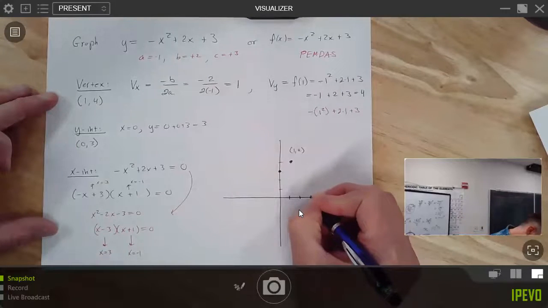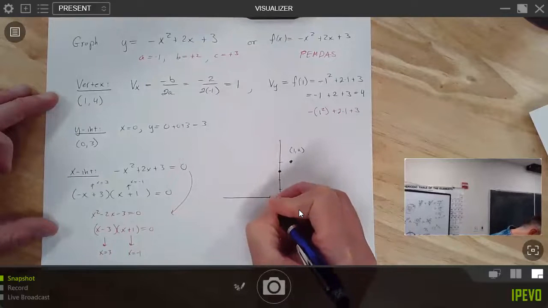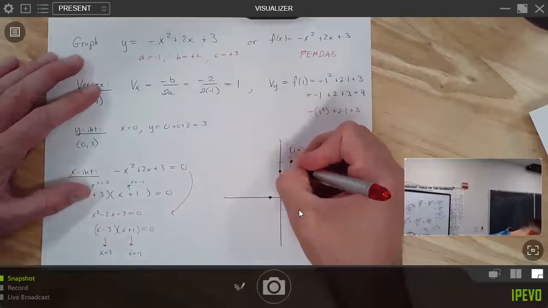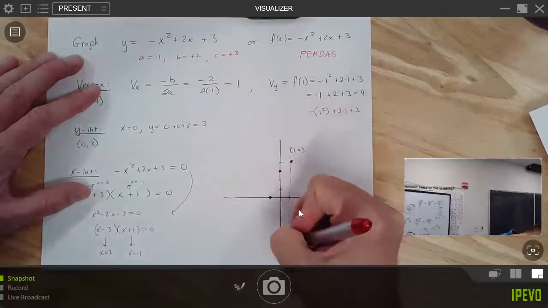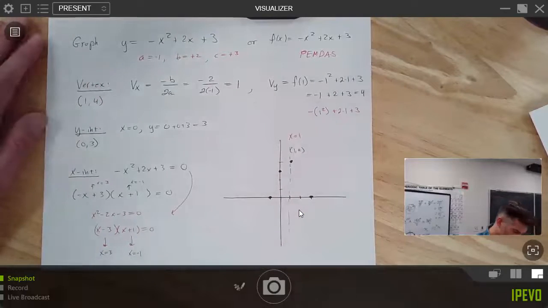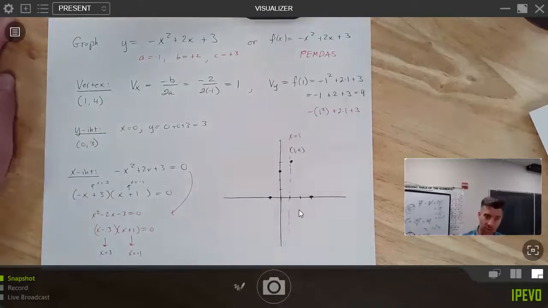And as expected, the x-intercepts are equally spaced out on either side of the axis of symmetry. There's my axis of symmetry at x equal to 1, and my x-intercepts are 2 to the right and 2 to the left.